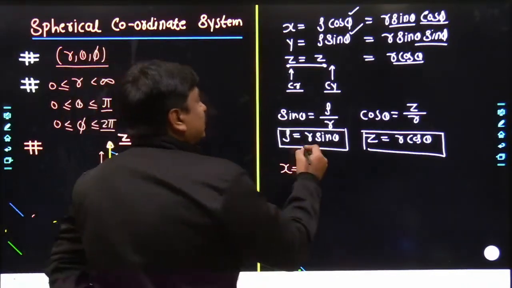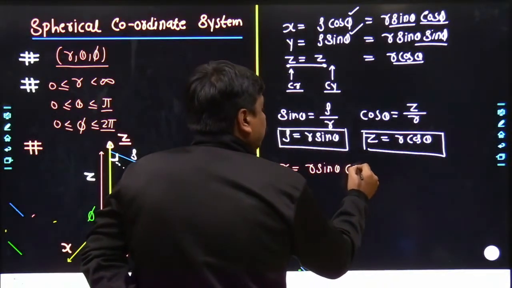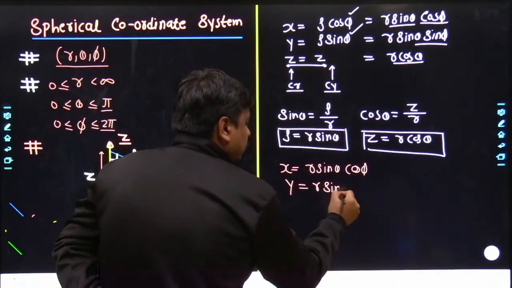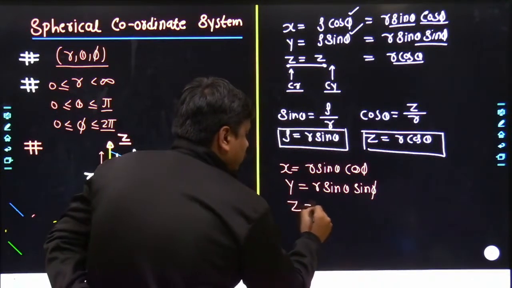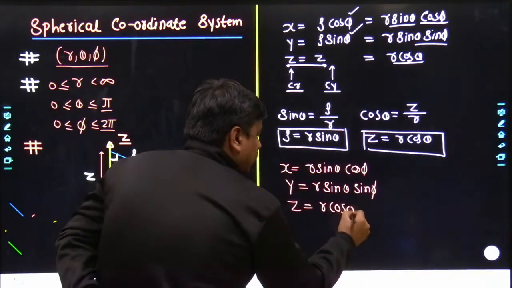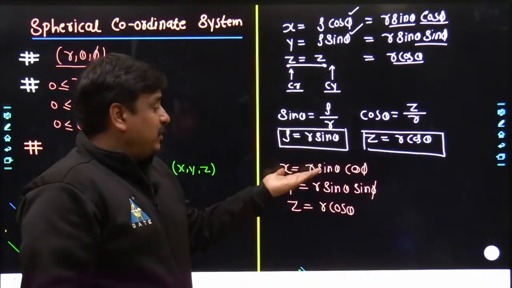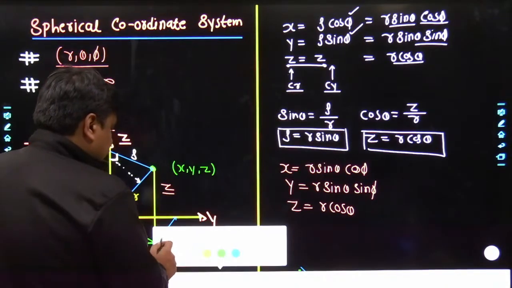So here goes x is equals to r sine theta cos phi, the y becomes r sine theta sine phi, and the z is equals to r cos theta. Yes, in the first two outcomes the value of theta was connected with the sine, but here it has been connected with the cosine.